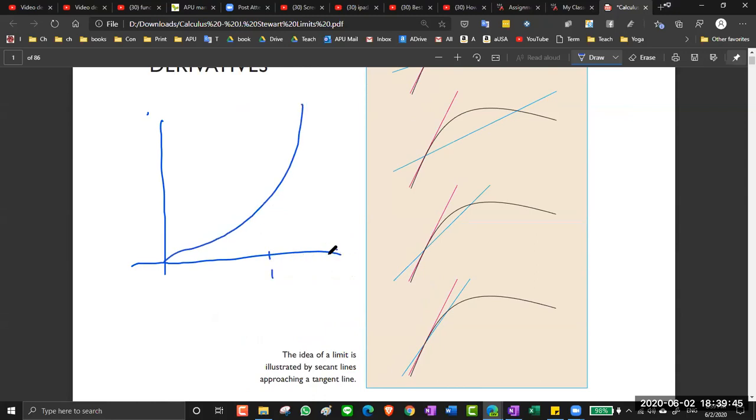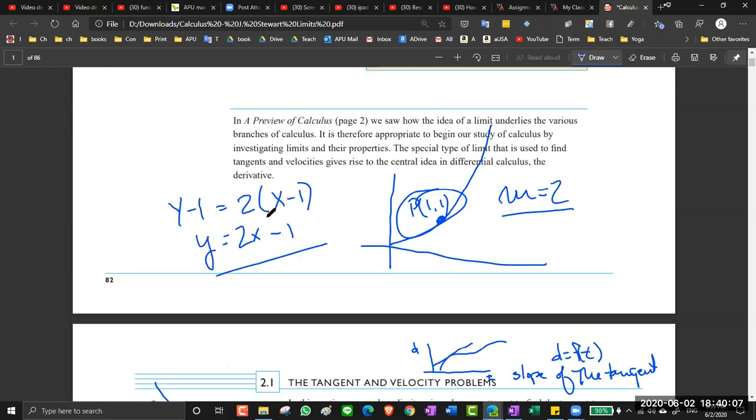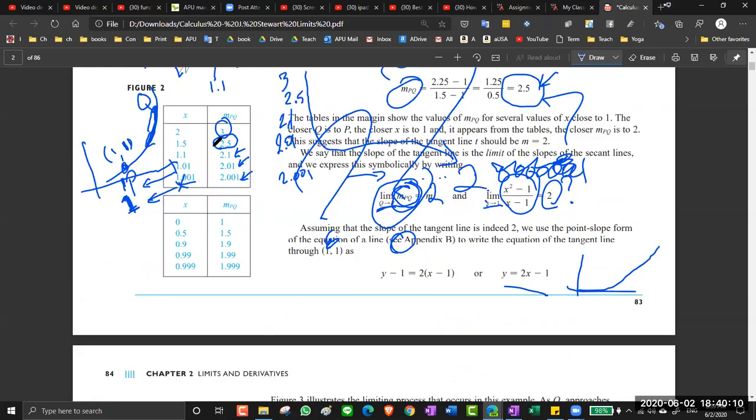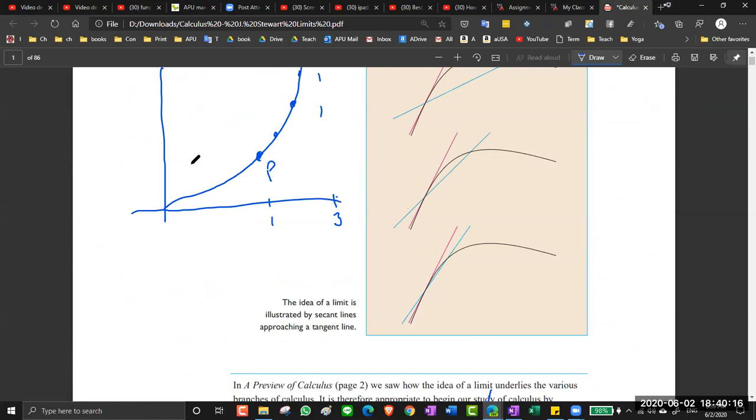Q was originally here, and P was here. Sorry, that was wrong. Not only did they start at 2 and then do 1.5 here and then 1.1, but they also checked it over on this side.